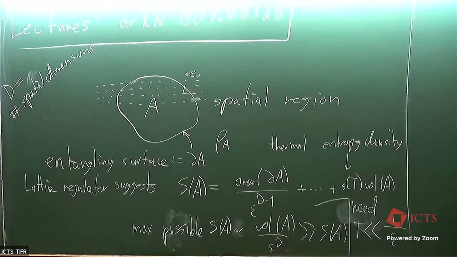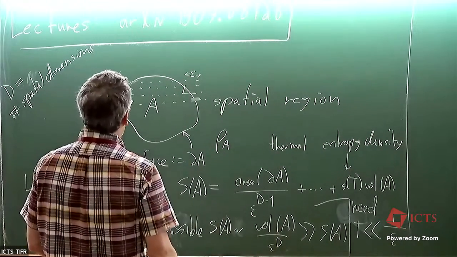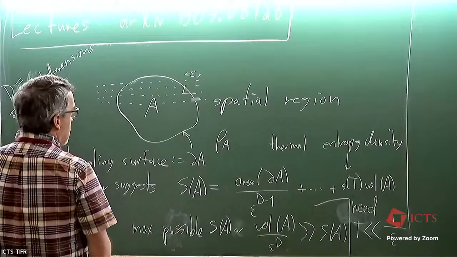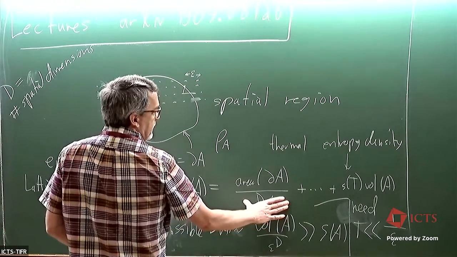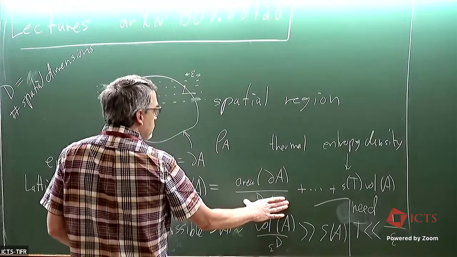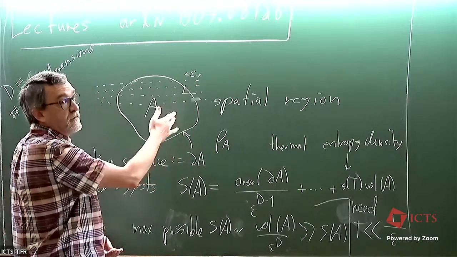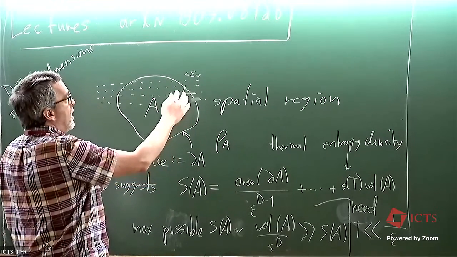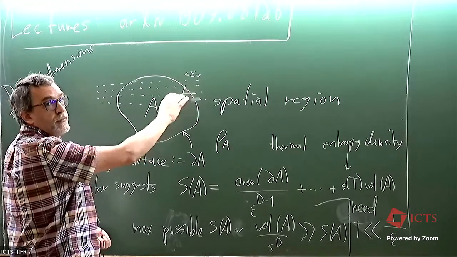Okay, that's a good point. In fact, the fact that you get this leading area term is of course not true for every state. There exist unentangled states, but those states are very far from the ground state.